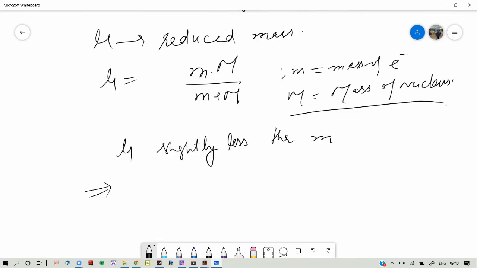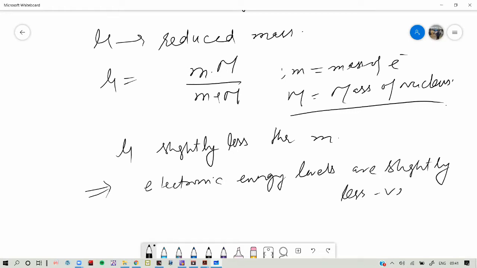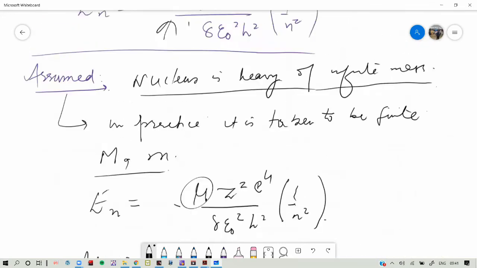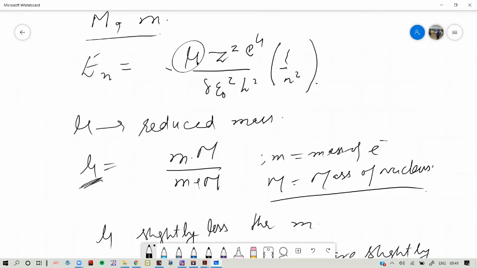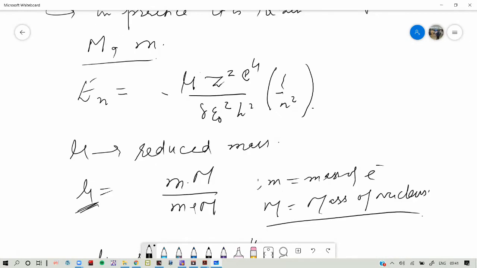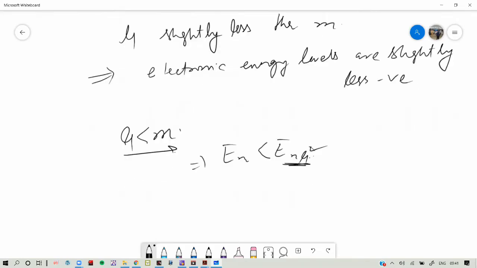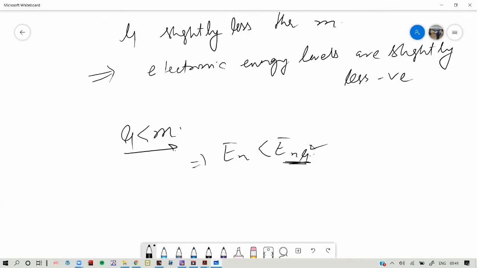The electronic energy levels are slightly less negative, because mu becomes smaller than m, not by a large proportion but by a small one. So En with reduced mass mu is less negative than En with m. The energy levels are slightly less negative than the earlier approximation, where we chose the nuclear mass to be infinite.